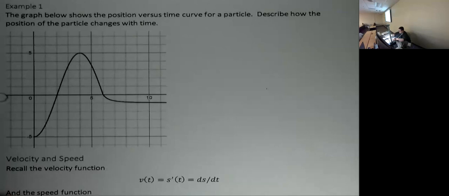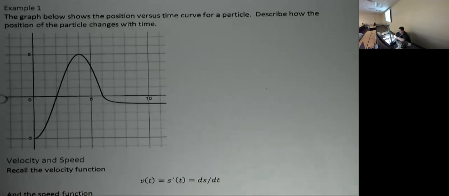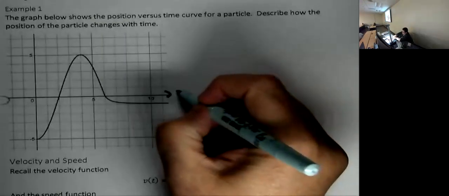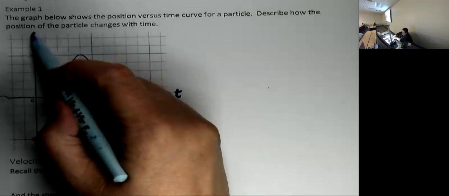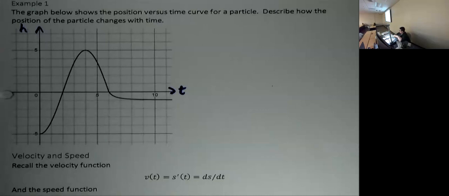So this graph is showing position versus time. Time is along the x-axis and position is along the y-axis. Let's try to model on an axis what's going on here.